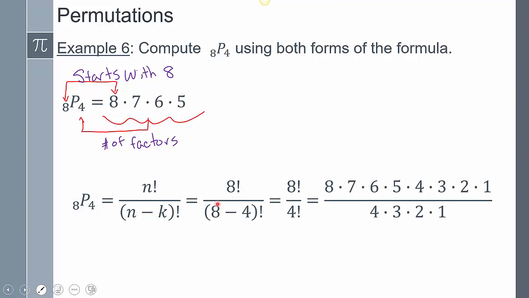And so you get 8 factorial over 8 minus 4 factorial. Now you can't just reduce this and say, oh, the 8 and the 4 reduce into 2. It doesn't work that way. You actually have to write this out, or you have to use your calculator. Writing that out, you're going to see that the 4, 3, 2, and 1 cancel out. And so 8 times 7 times 6 times 5 is going to be 1,680.